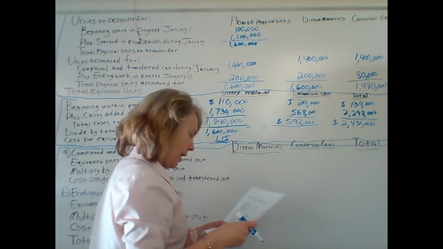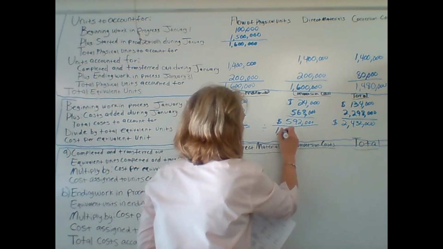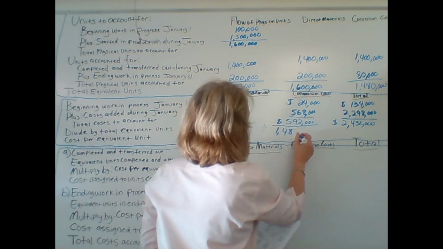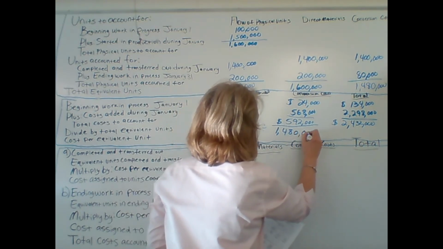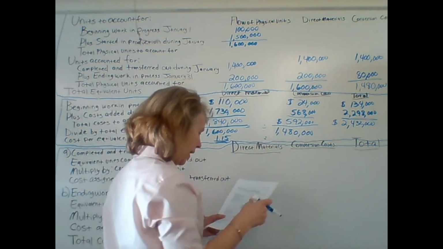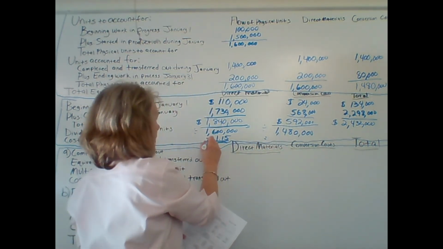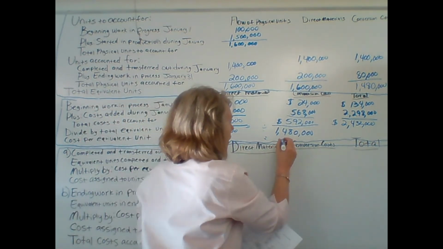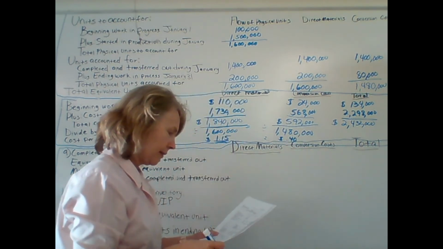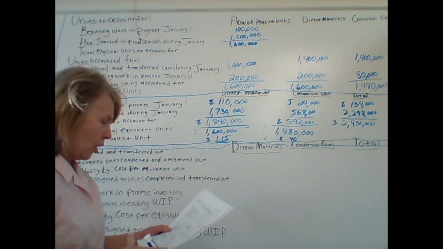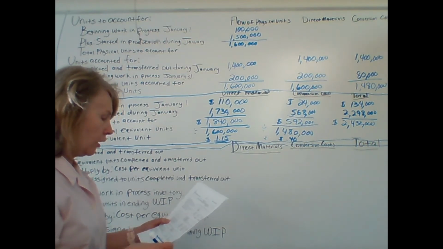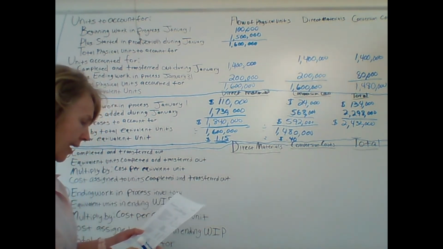Division. And that is 1,480,000. Remember, that's coming from here, okay? And that will equal my equivalent unit cost. That's $1.15, and this is 40 cents, all right? 40 cents, okay?